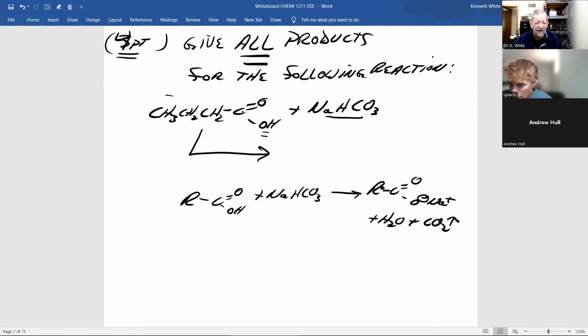So here's my R group, which means I don't break carbon-carbon single bonds. Here's my carbonyl, it's still there.